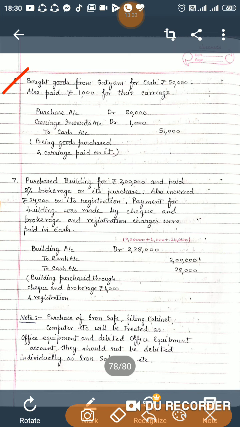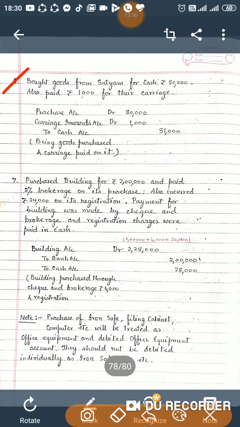And apart from this, we have also spent 1,000 on its carriage. As we have discussed in our note, whenever you are purchasing goods, any expenses incurred on purchase of goods should not be added to the purchase account. They will be recorded individually.